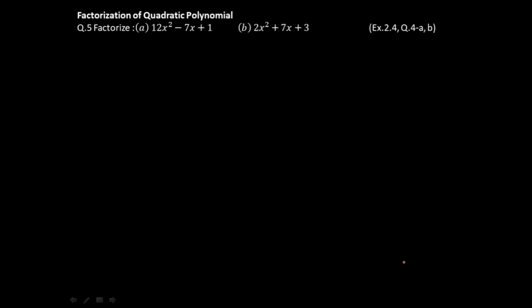Next one, we have factorization of quadratic polynomial. The method of how we factorize any quadratic polynomial is already mentioned in my video where we discuss all the basics for the chapter polynomial. Still, I tell you a little about that. First, the given polynomial must be compared with the general form of a quadratic polynomial.